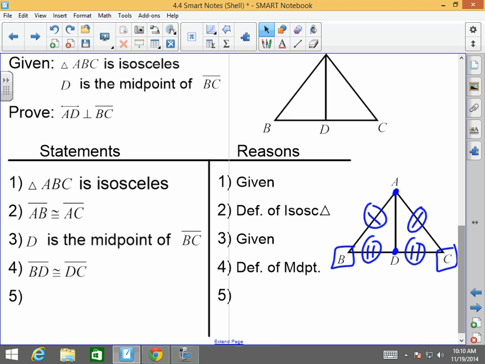So since both A and D are equidistant to the endpoints of segment BC, then for sure AD has to be perpendicular to BC. It's the equidistant theorem. In fact, not only is AD perpendicular to BC, but it's the perpendicular bisector of BC. So please focus on this because it's very, very important. Okay?